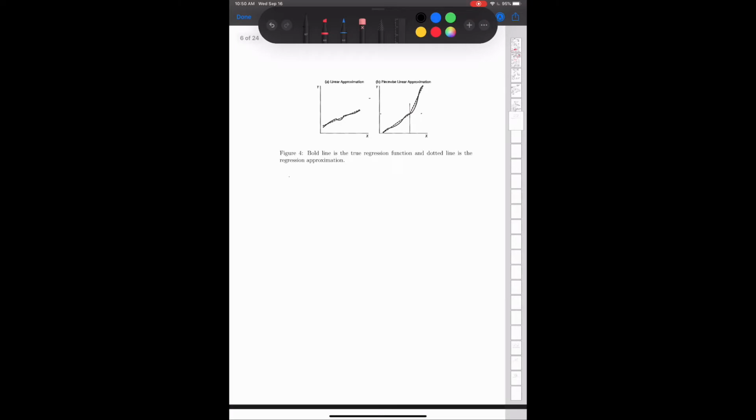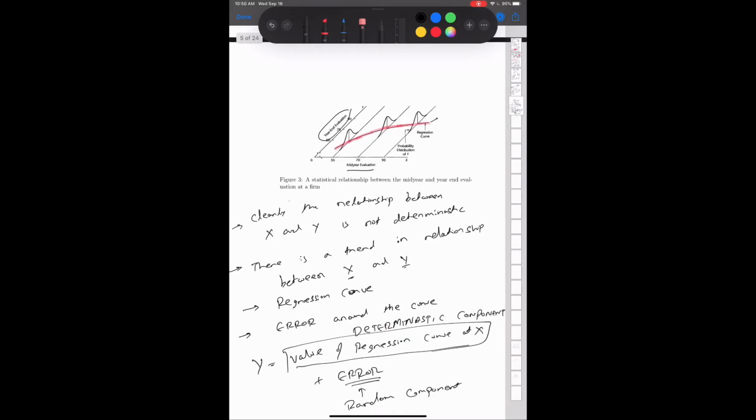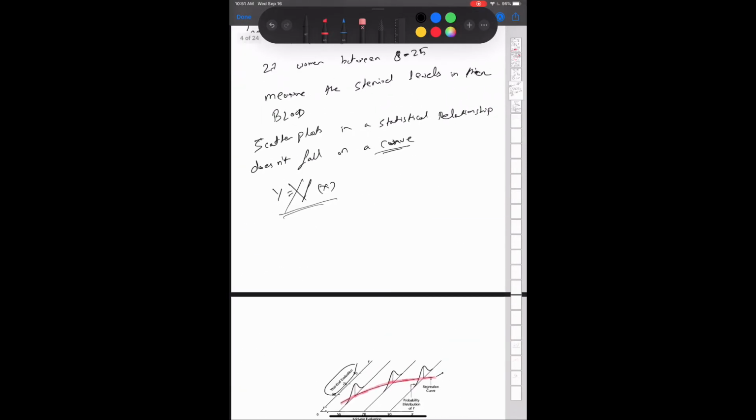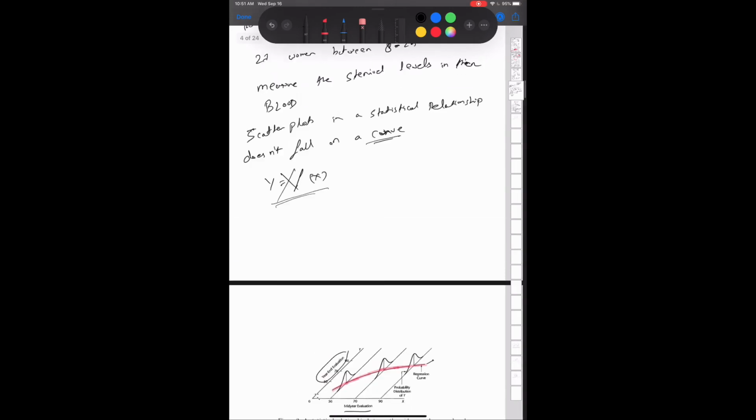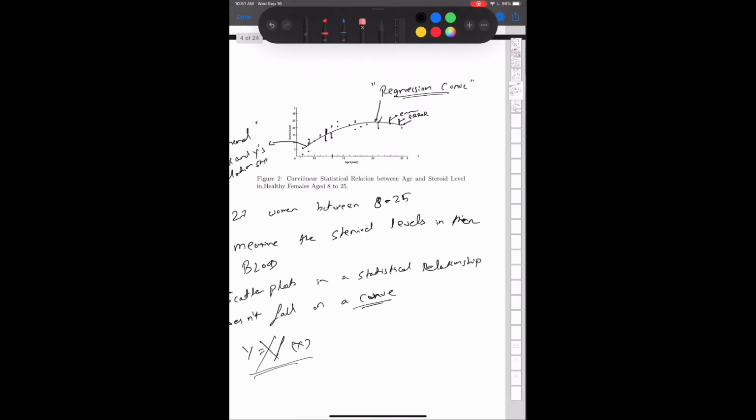What kind of relationships can x and y have? For a statistical relationship, the only thing we can control is the deterministic part of it, the regression curve. The regression curve can be a straight line or can be a curve, right? Here the regression is a curvilinear function, almost a quadratic function or a parabola.